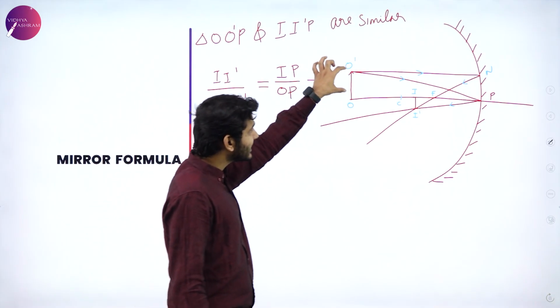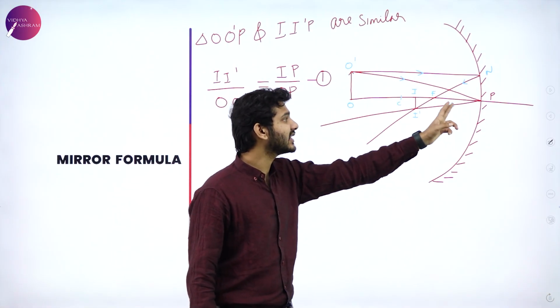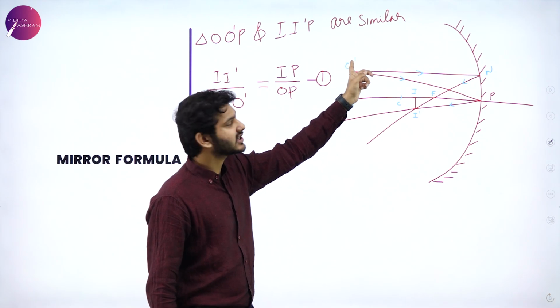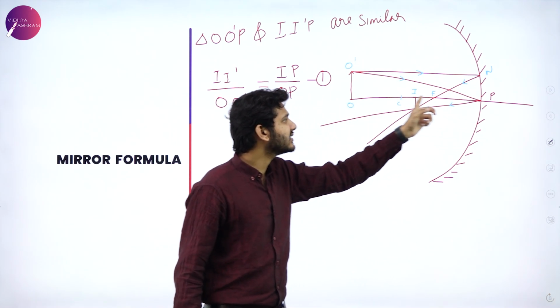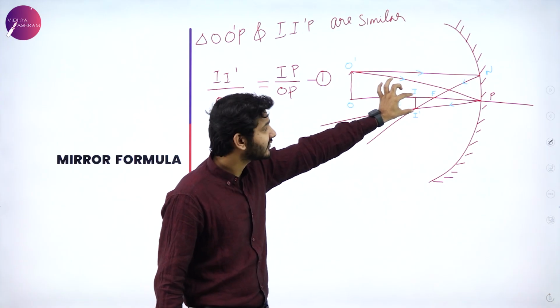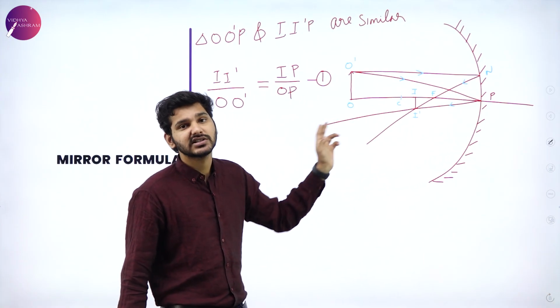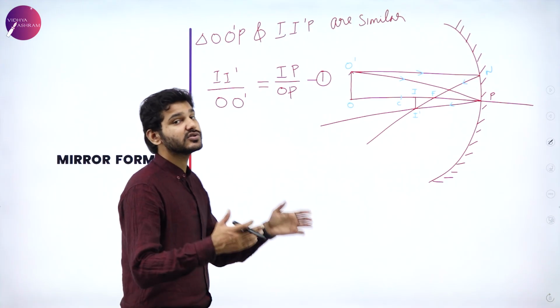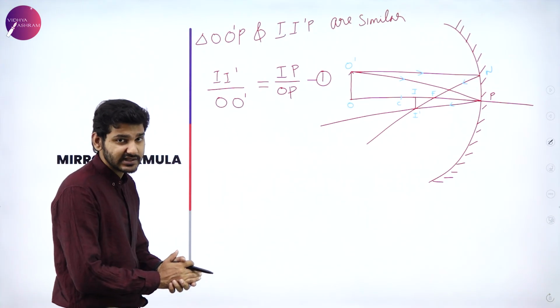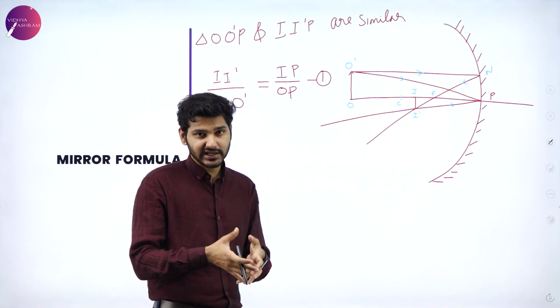Now this is the relation between these two triangles, the bigger triangle made by the object, this ray, and the principal axis, and similarly the image, the height of this image, this length, and the reflected ray which is traveling back. If you observe closely, there are a bunch of other triangles here also.